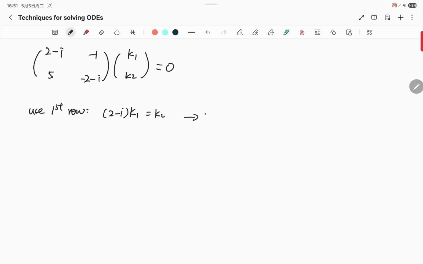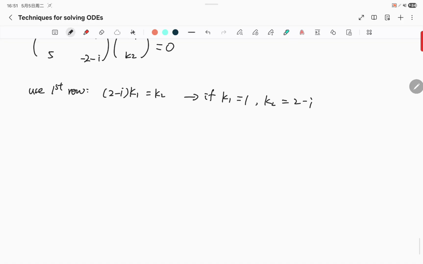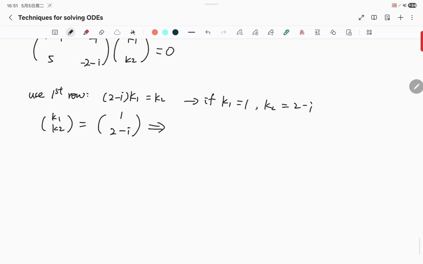So if k1, let's just do 1, then my k2 is 2 minus i. So k1 and k2 equals 1 and 2 minus i. This is the same thing as (1 plus 0i, 2 minus 1i).